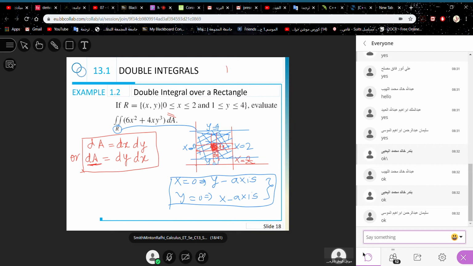Suppose this is your rectangle, this is dy, this is dx. Length is dx, width is dy. So dA is dx dy.